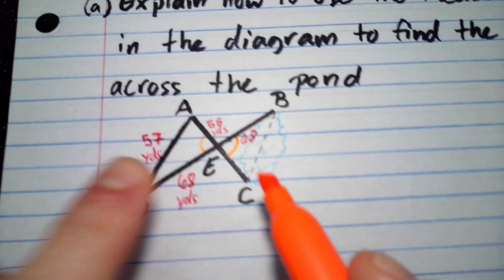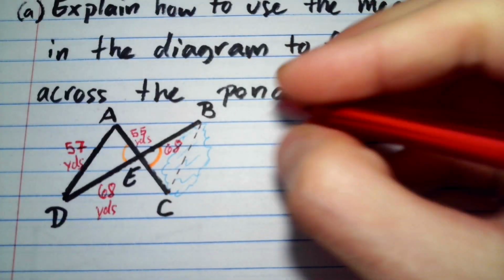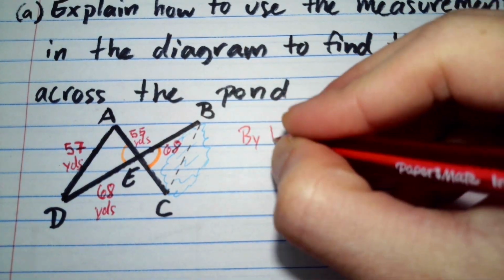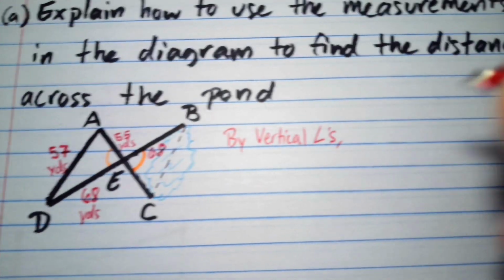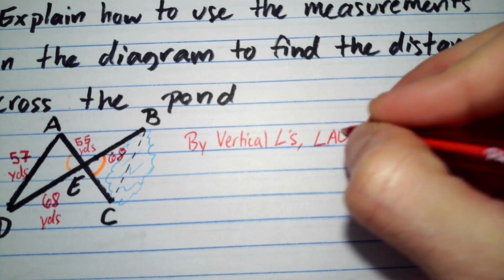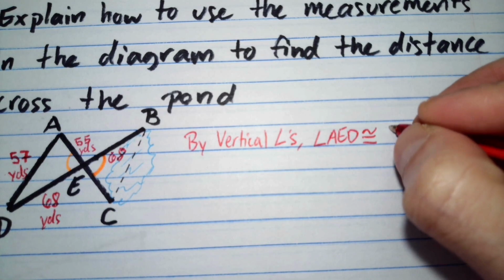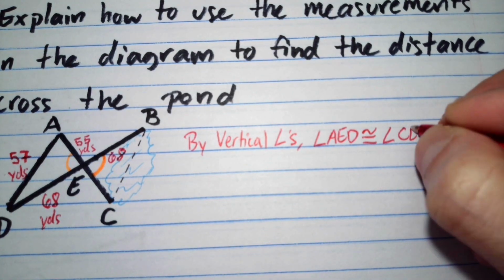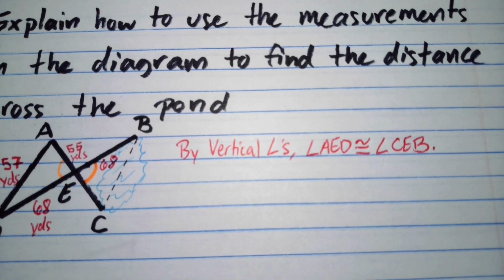Those are vertical angles because they are right in front of each other. And so we can start explaining by saying that by vertical angles, angle AED is congruent to angle CEB. All right, so that's the first thing that we notice.